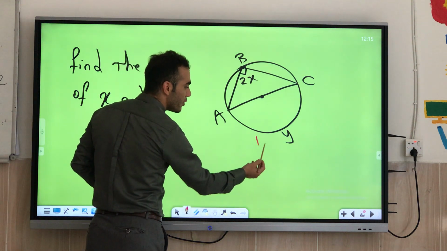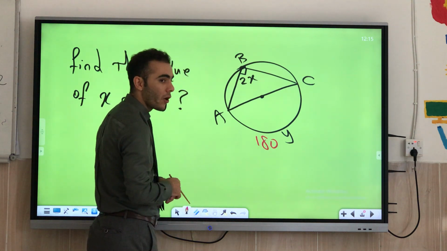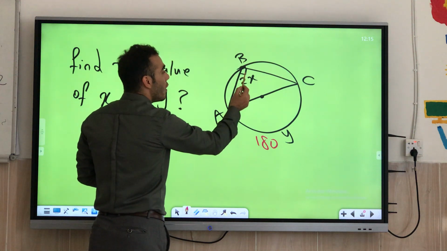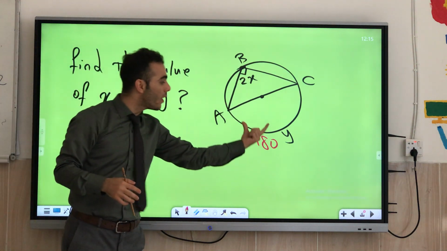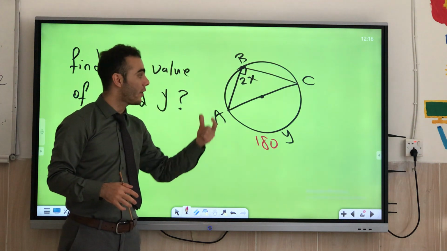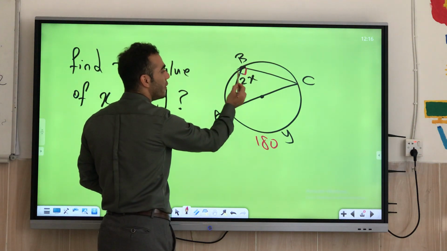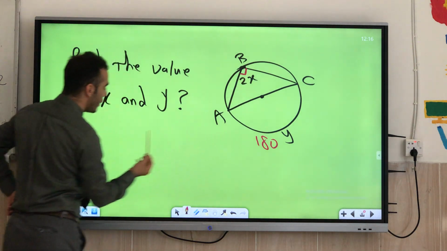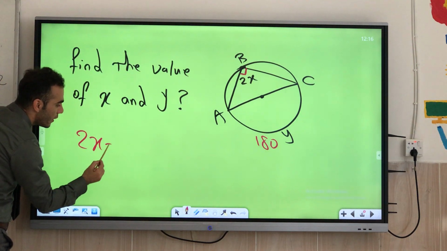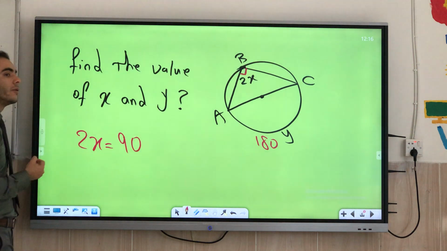What is the measure of a semicircle? Arc 180. We said that the inscribed angle is half of the arc against it, so here it's going to be 90 degrees. What is the measure of that angle? 90 degrees. So 2x equals 90.